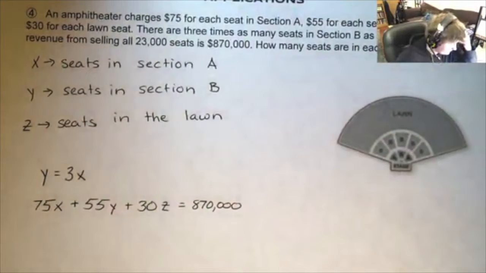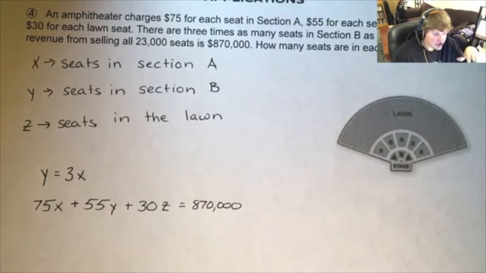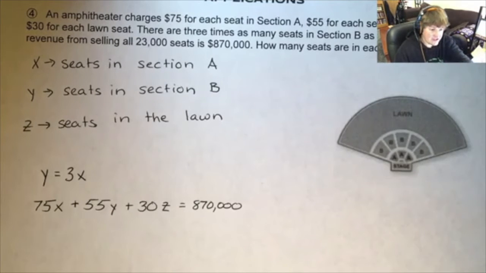Okay. Well, there's another bit of information here that's a little less obvious, right? It says revenue from selling all 23,000 seats. So that means there are 23,000 seats altogether. I know this because it says so in the problem. But how am I going to represent that?